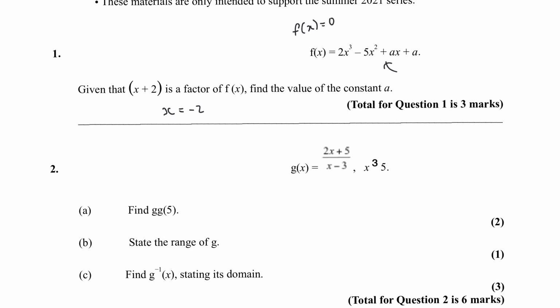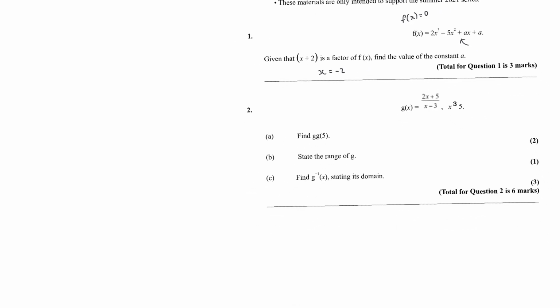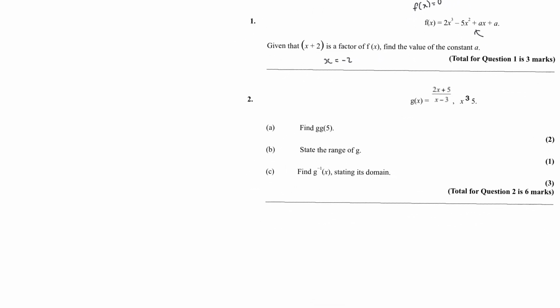So then that now means I'm going to do what I did before, where I push the question to the side so I have enough space for working out. So I'll rewrite the formula as the question 1. So 2x cubed minus 5x squared plus ax plus a.